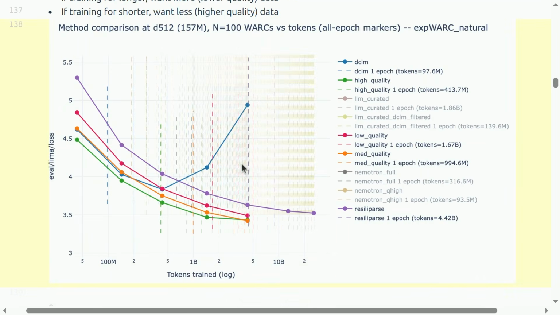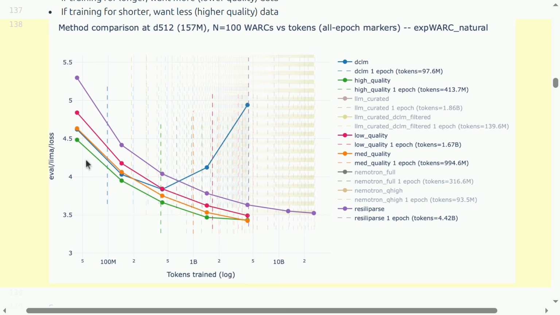So here's a preliminary experiment that Michael Ryan did. This plot shows, for a 157 million parameter model, we're taking a very small pool, so 100 works, which is a tiny fraction of Common Crawl, and we're training for more over time.